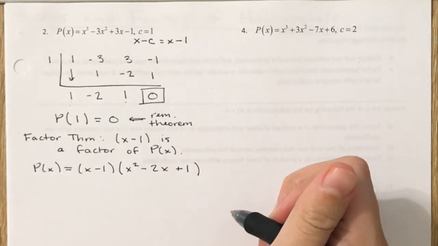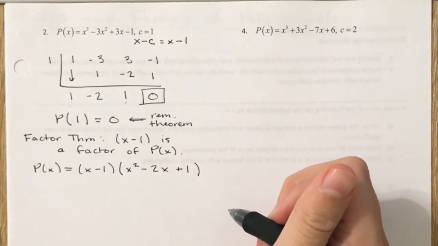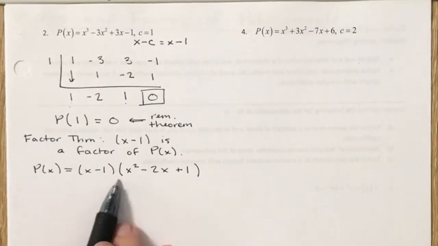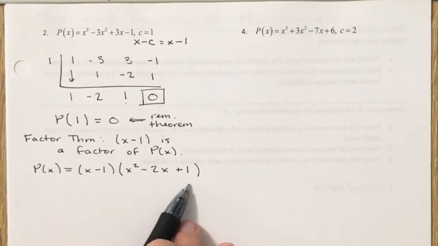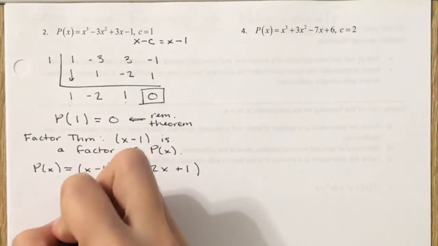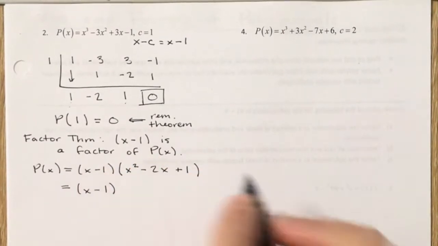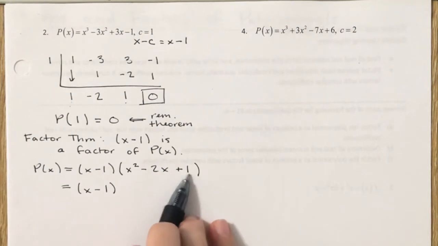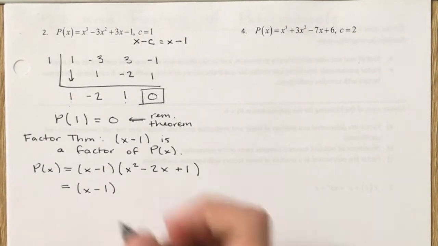The instructions do say to factor the polynomial completely if c is a 0. In order to factor this completely, we need to just factor this last quadratic here, which is not too hard. We just need to come up with something that adds together to give us -2 and multiplies to give us +1.